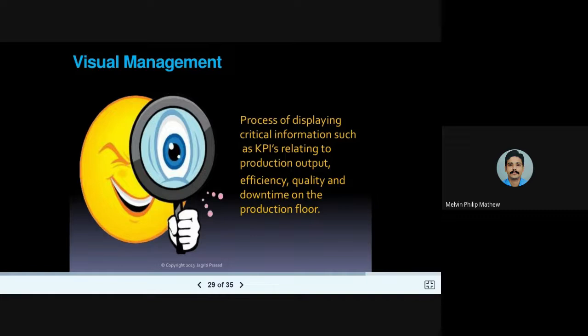If they find there is a non-activity time on day one, they will try to eliminate that non-value time. That is known as downtime, the delay that occurs in a production cycle. And the information regarding this downtime is also obtained through visual management.